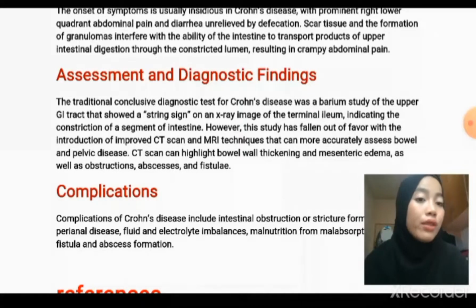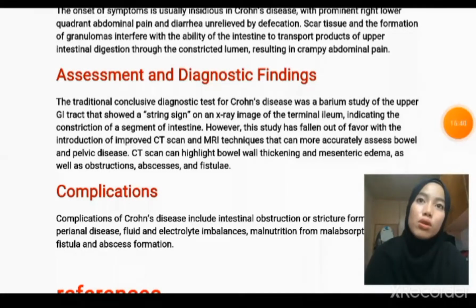However, this study has fallen out of favor with the introduction of improved CT scan and MRI techniques that can more accurately assess bowel and pelvic disease. CT scan can highlight bowel wall thickening and mesenteric edema as well as obstructions, abscesses, and fistulas.